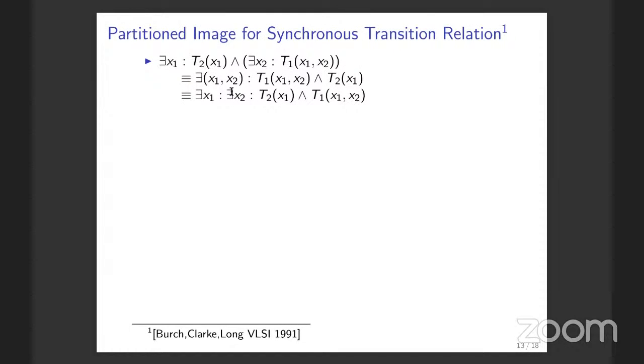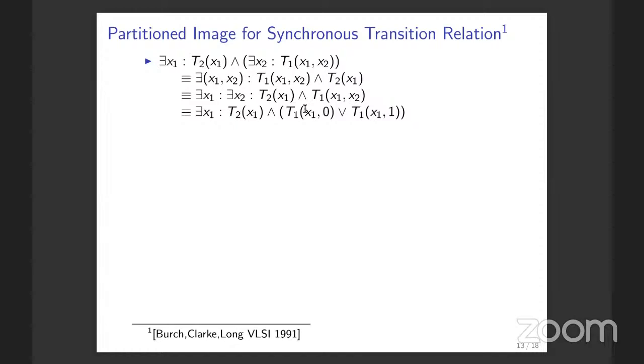So this one: there exists x1, x2, T1(x1, x2) and T2(x1). You can't directly distribute this over the individual things, but you can do something like this, because when you split it into an equivalent form, you get this. This is equivalent to the second step.